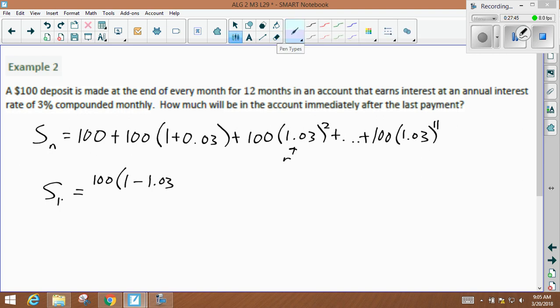I'm sorry for making a mistake. So 12 over 1 minus 1.03, which turns out to be, if I put that in my calculator, approximately 1,379.56.